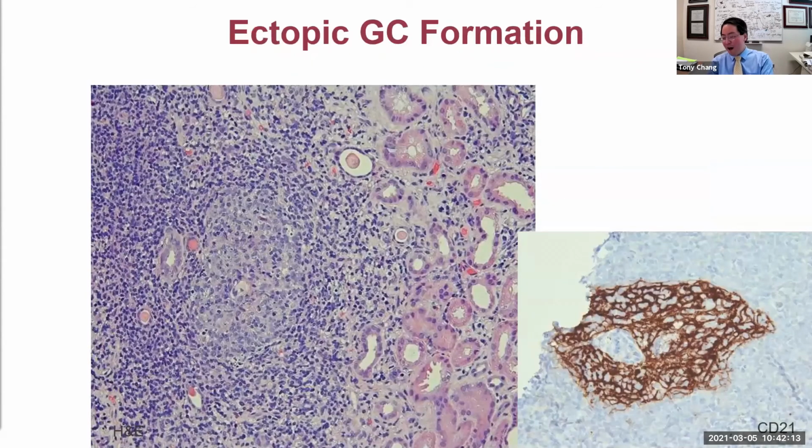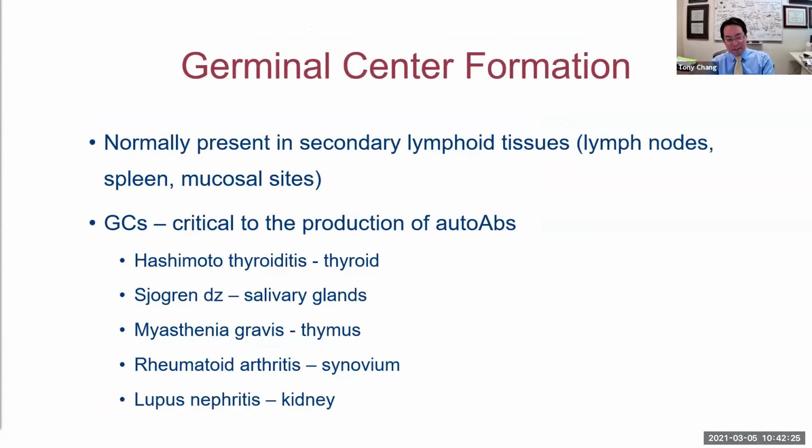And then these ectopic germinal centers show up in about 7 or 8% of our kidney biopsies. And here's a CD21 immunostain that demonstrates the follicular dendritic cell network. So now you can actually add lupus nephritis to this list of other autoimmune disorders and their target organs, which can also demonstrate ectopic germinal centers.